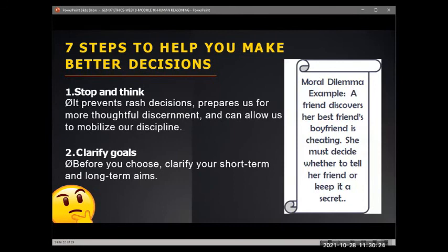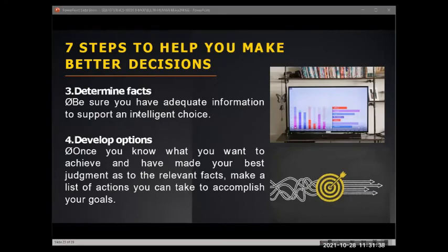Before you choose, clarify your short-term and long-term aims. The third step is to determine facts. Be sure you have adequate information to support an intelligent choice. Fourth is develop actions. Once you know what you want to achieve and have made your best judgment as to the relevant facts, make a list of actions you can take to accomplish your goal.